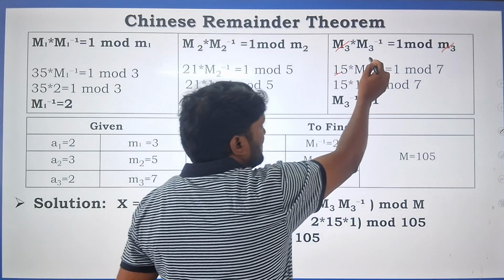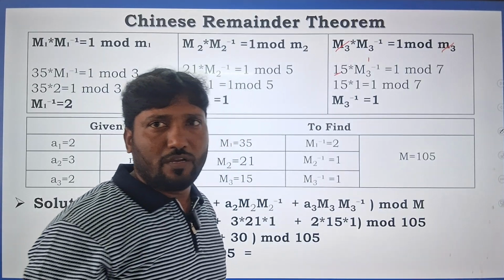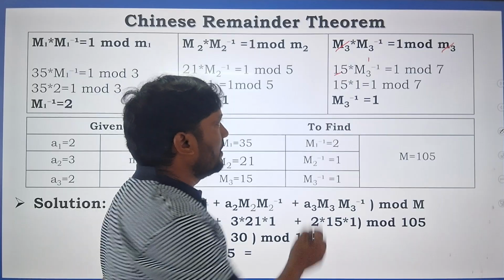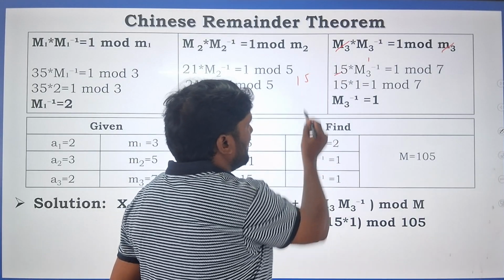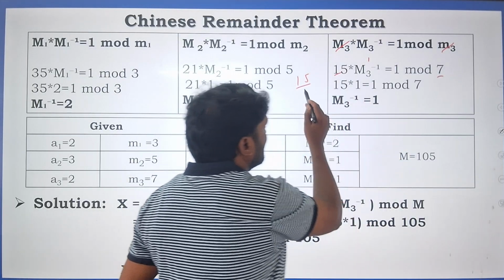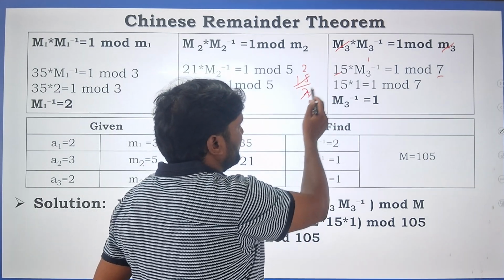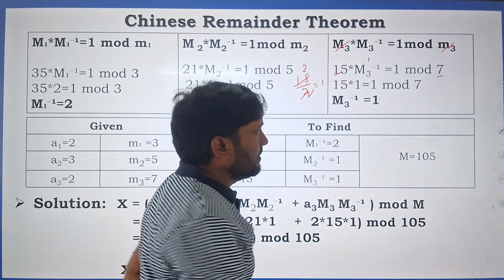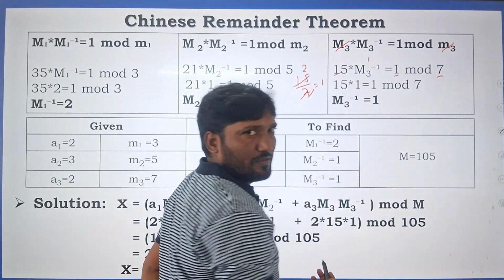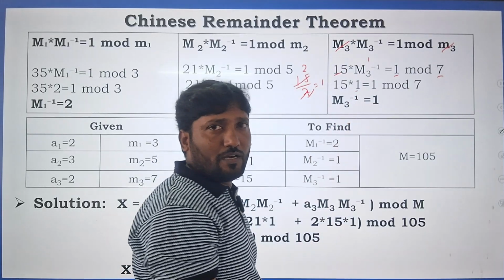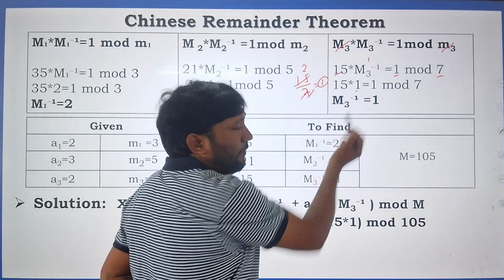First of all substitute 1: 15 ones, 15. 15 divided by 7: 7 ones are 7 and 7 twos are 14. What is the remainder? 1. It is equal to 1. So that means M3 inverse becomes 1 because the remainder is 1.